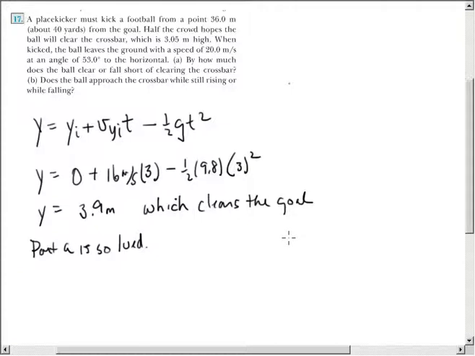Now let's ask a question. If I could figure out the time at which the particle reaches maximum height, what would that tell me about whether the particle is falling or rising when it reaches the goal? Pause the video and consider it and write your answer down.